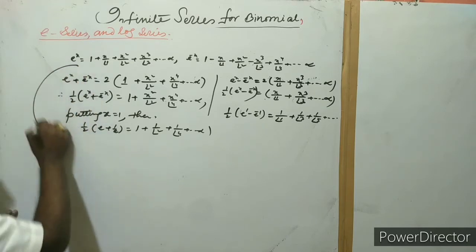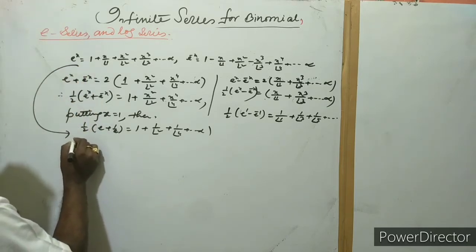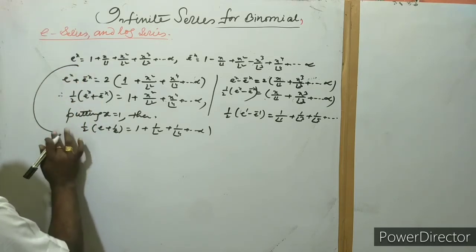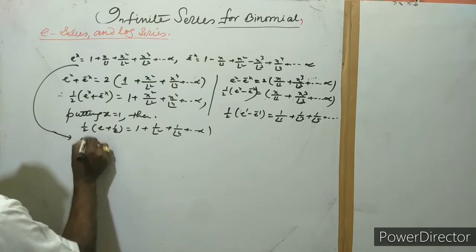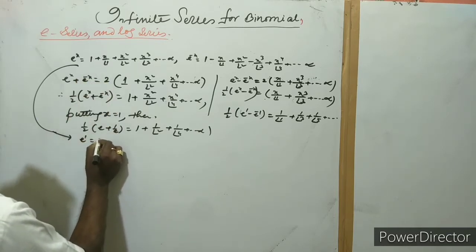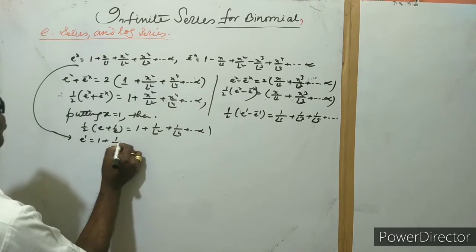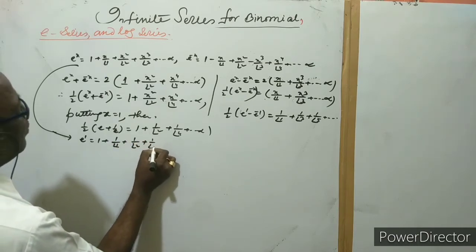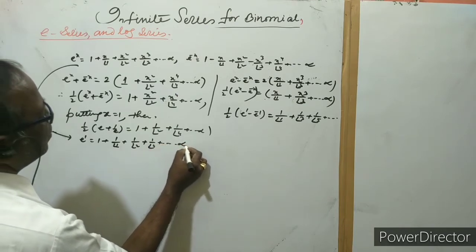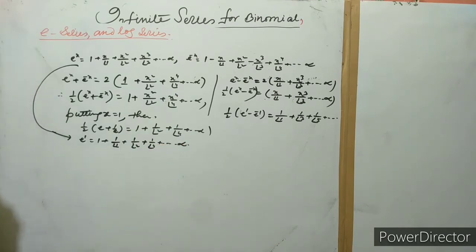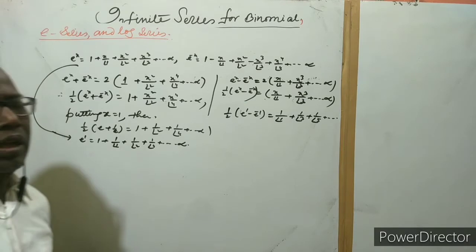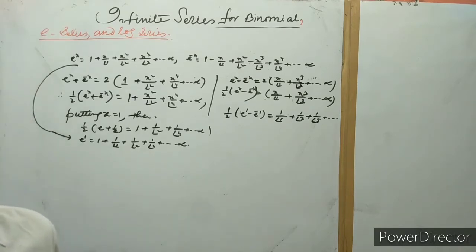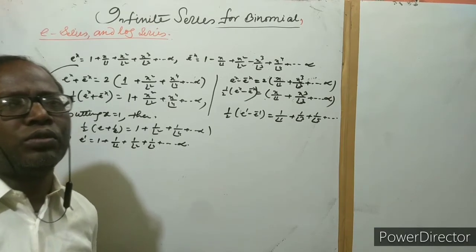And if we put 1 here, then what do we get? If we put 1 here, e is equal to 1 plus 1 by factorial 1 plus 1 by factorial 2, 1 by factorial 3. So now we have to prove that the value of e lies between 2 and 3.